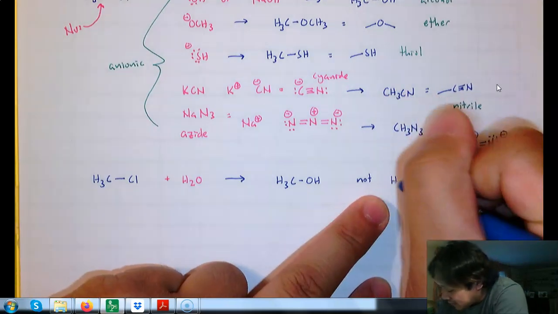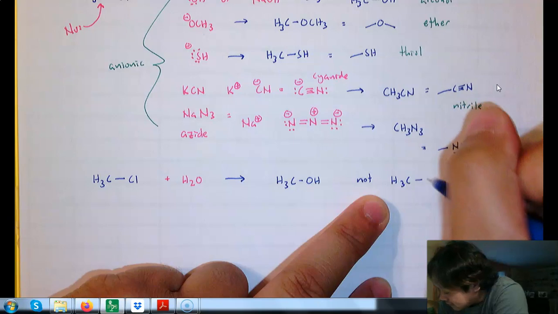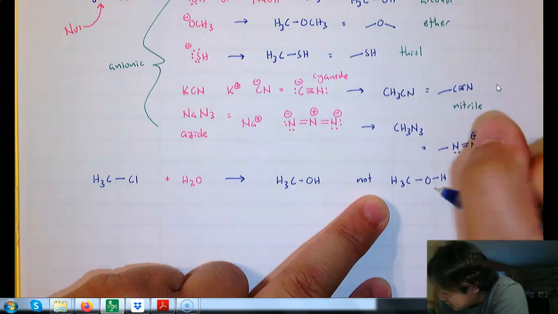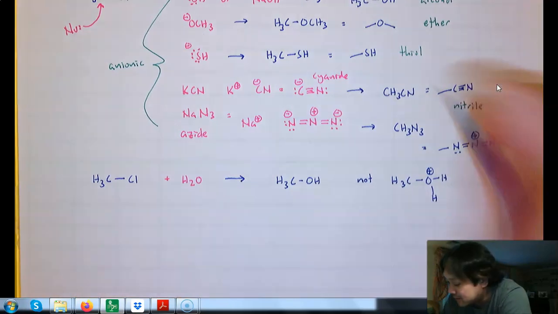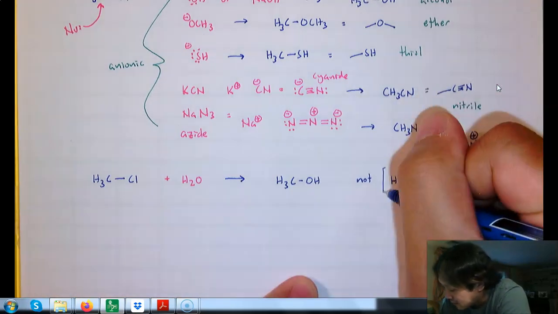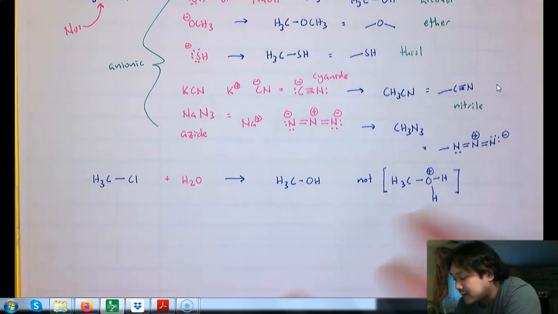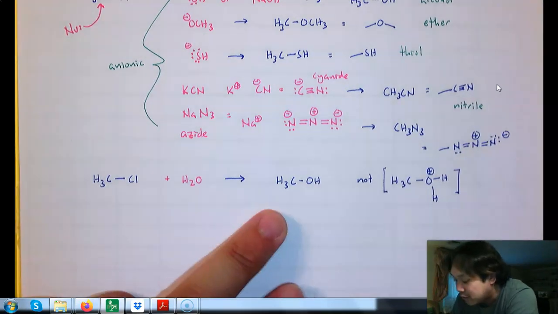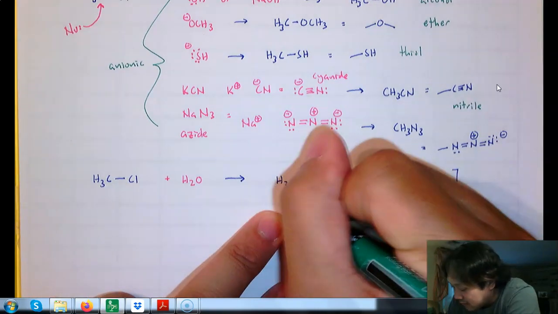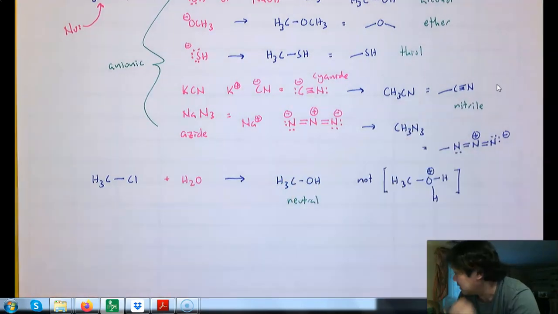The initial product would have been this. But this is an intermediate. And then in the last step of the mechanism, you remove the hydrogen to become neutral. So you do want, if you can, neutral molecules.